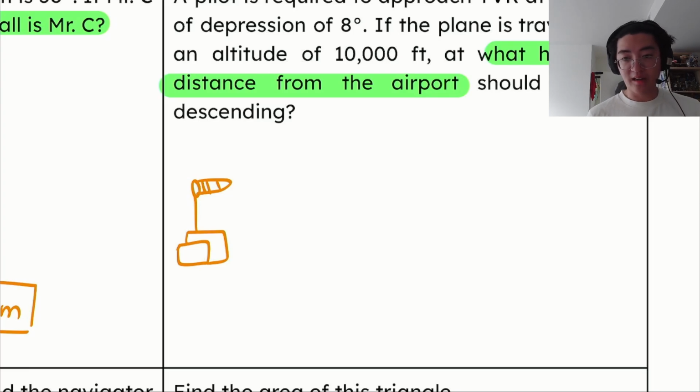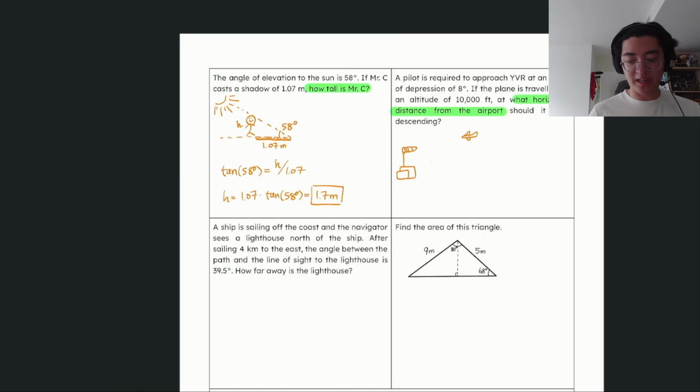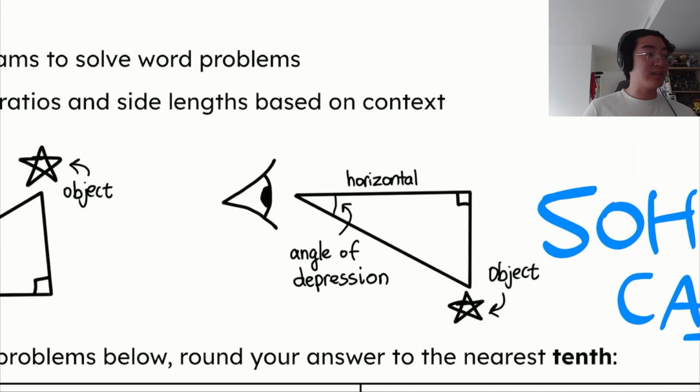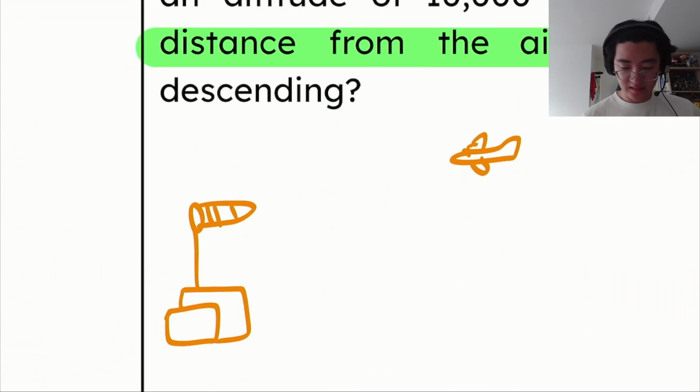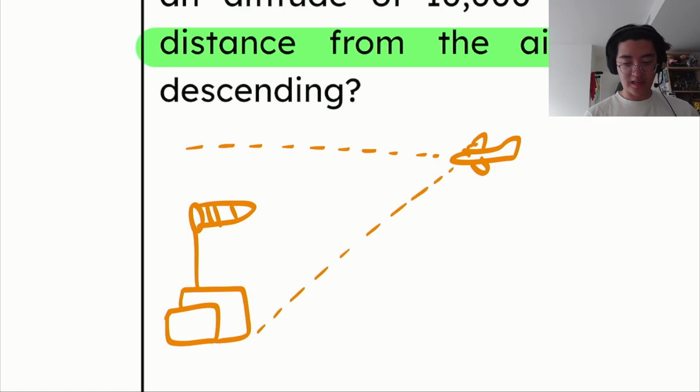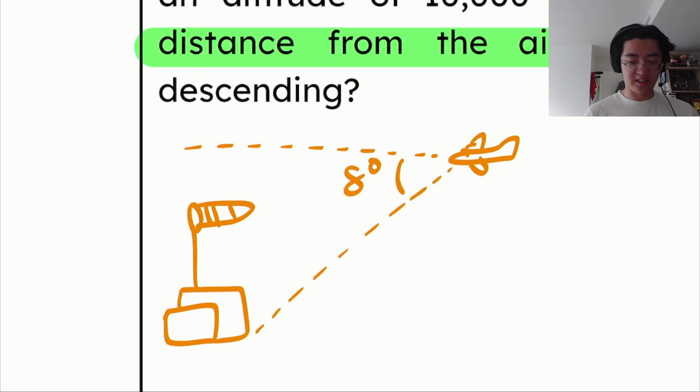And we have an angle of depression this time. So we have a plane here. Remember, angle of depression is the angle below the horizontal. And this is the object. So the angle between this line and the horizontal. Okay, let me just make it slightly more straight. That right here, that's the angle of depression.